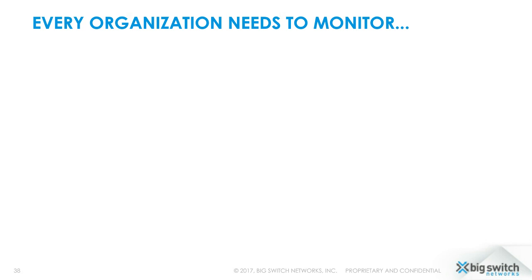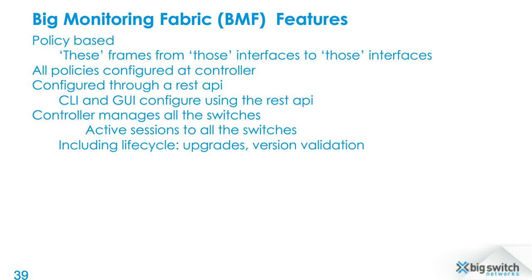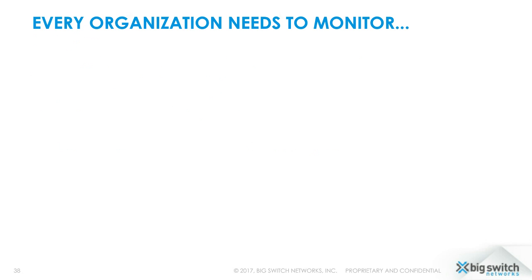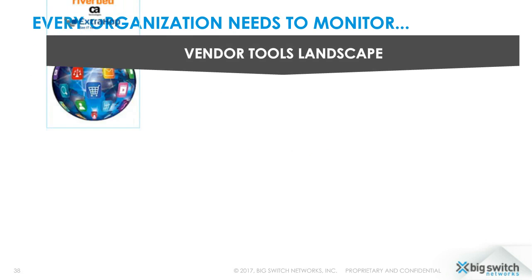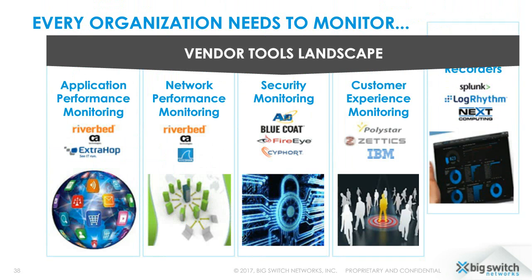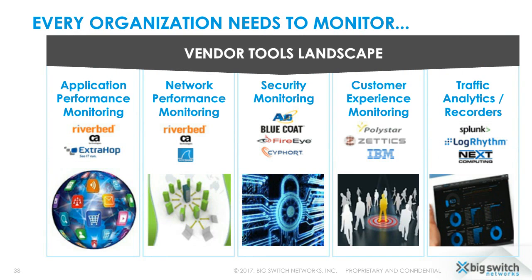Every organization has substantial needs for monitoring. So here are some examples of how people use sophisticated products that are available from different vendors to meet specific requirements or needs that they have in their organization.